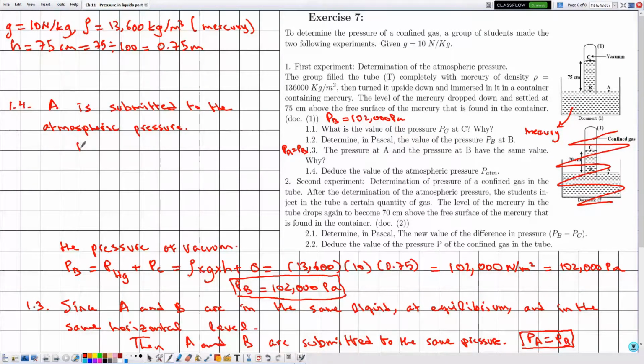So the pressure at the point A is equal to the atmospheric pressure, but we know that PA is equal to PB, and the value of PB is given by 102,000 Pascal. Then the pressure at the point A is 102,000 Pascal, and finally the atmospheric pressure is 102,000 Pascal.